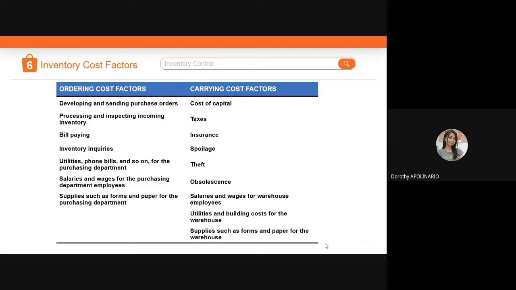And for the carrying cost factors, we have the cost of capital, taxes, insurance, spoilage, theft, obsolescence, salaries and wages for warehouse employees, utilities and building costs for the warehouse, and lastly, supplies such as forms and paper for the warehouse.